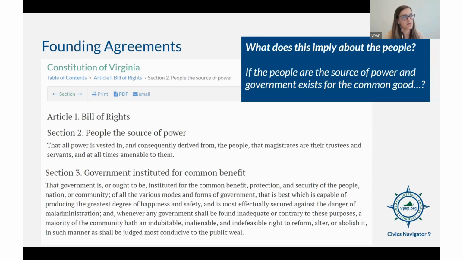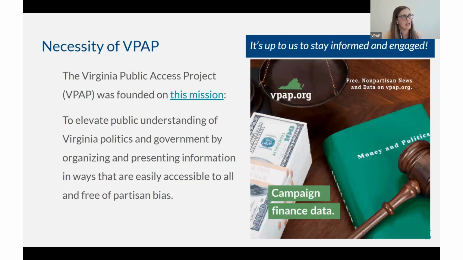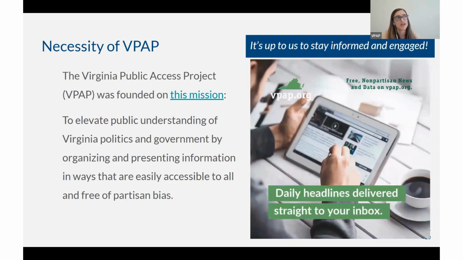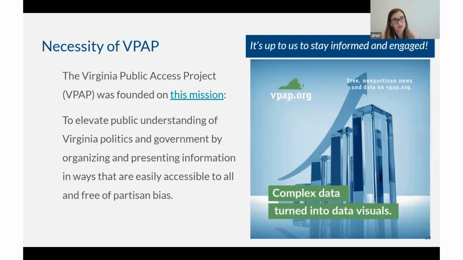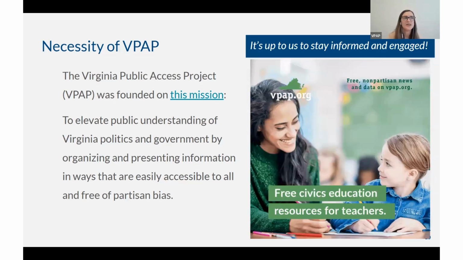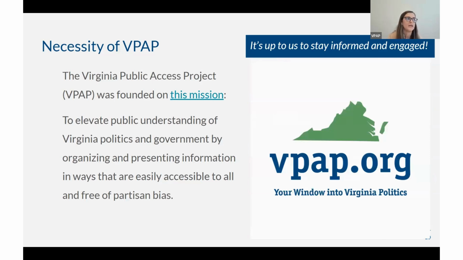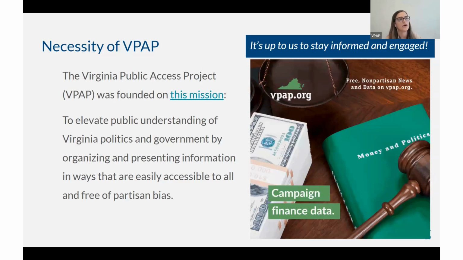So if we're the source of power and we live in this republic, this representative democracy, that means it's up to us to stay informed, right? To stay informed, to stay engaged. And this is a bit of a shameless plug, obviously, but this necessitates an organization like VPAP, where we have this mission to elevate the public understanding of Virginia politics and government by organizing and presenting this information in ways that are easily accessible to everyone and free of partisan bias.